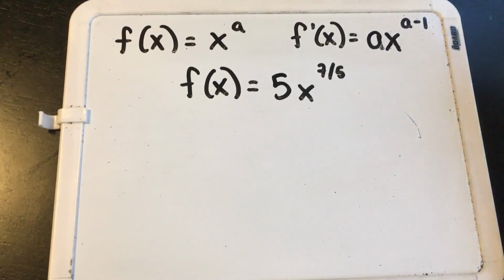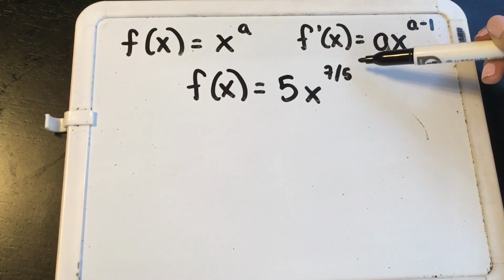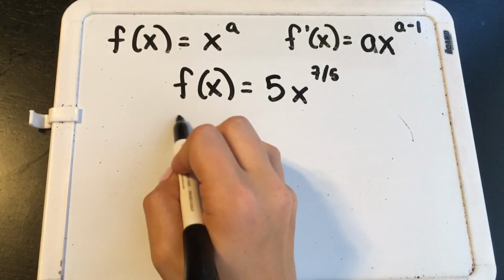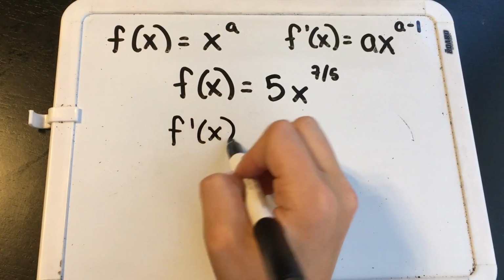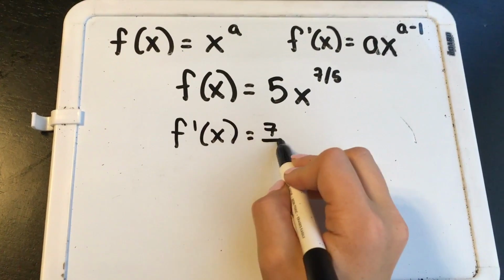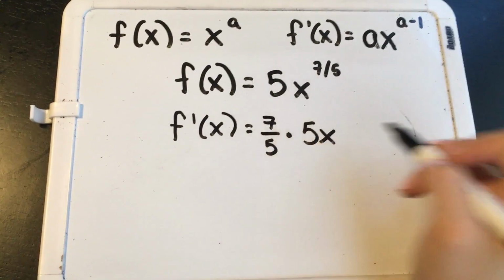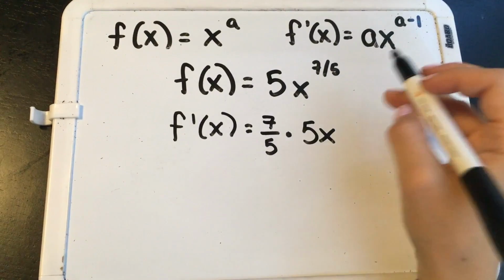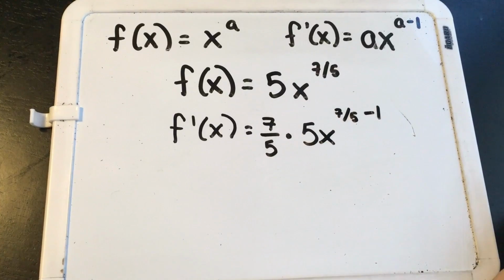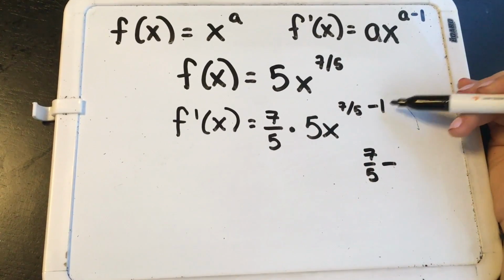Here's our last example. F of x equals 5x to the 7/5 power. Let's do this one just like we did all the others before. F prime of x equals, bring the power in front, 7 over 5 times original 5x raised to the 7/5 minus 1. What is 7/5 minus 1?